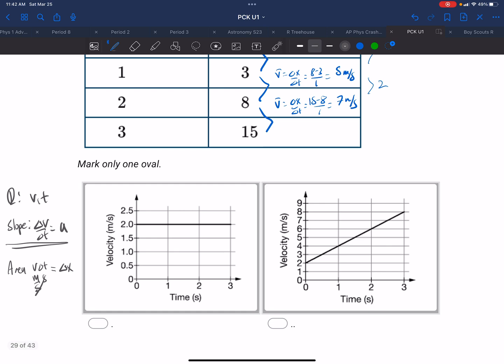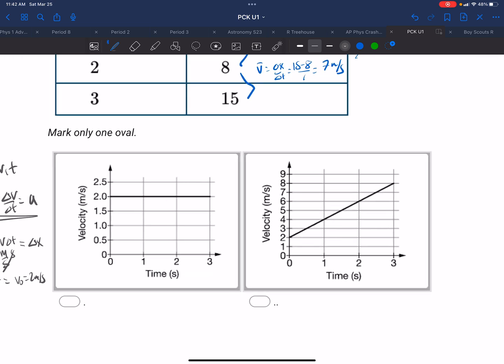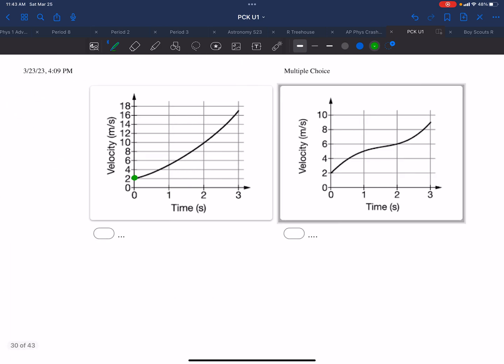And of course, we want to remember what's going on with the y-intercept. For a velocity graph, v0 equals 2 meters per second. So that's the first criterion we can use for any one of these graphs. We could determine whether or not the initial velocity is 2 meters per second. And we see here on the first one, yes, it's 2 meters per second, 2 meters per second, 2 meters per second, and 2 meters per second.